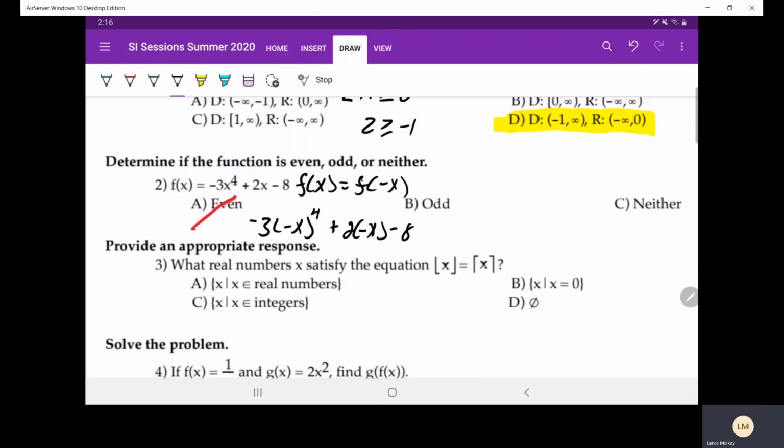An odd function, f of x equals negative f of x. So let's go negative times negative 3x to the fourth plus 2x minus 8. Hang on, I think that's how that is. Let me double check.